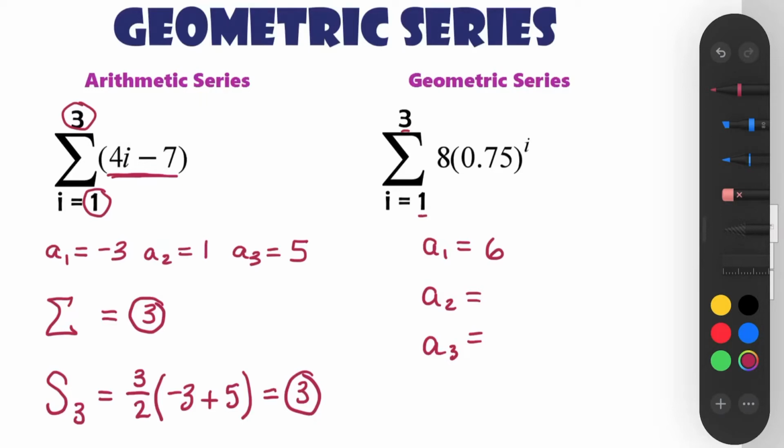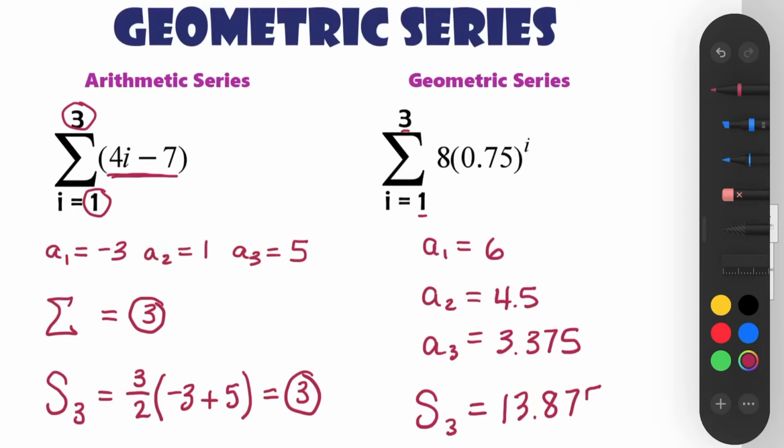And 8 times 0.75 to the 2 is 4.5. The third term, 8 times 0.75 to the third, is 3.375. And so the sum of the first 3 terms would then be, oh gosh, what is that? 13.875.